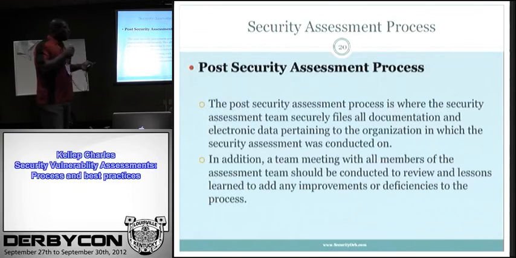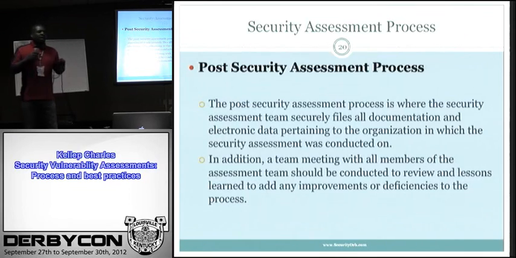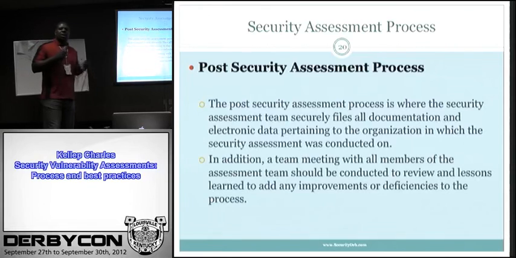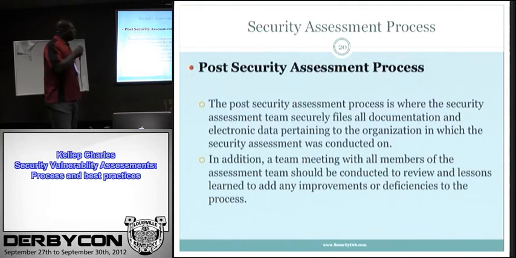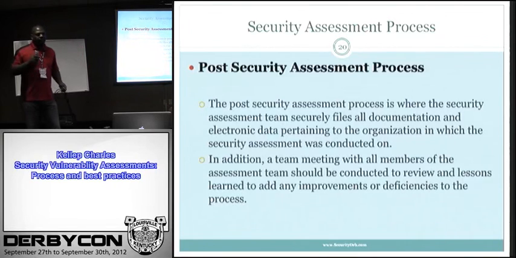And it's not all technical stuff; it's also things pertaining to maybe a hotel, or the politics associated with the particular site we were scanning and assessing. All of that goes into the post-security assessment report, so it's like a knowledge base for the next time.